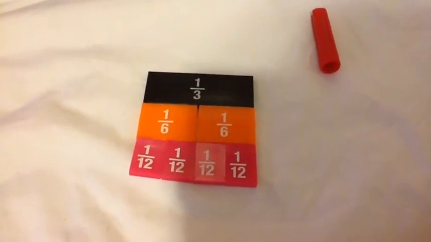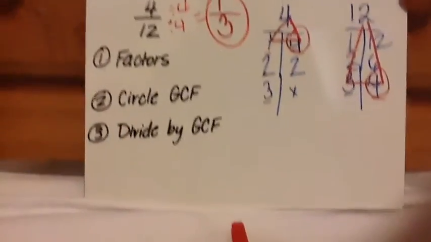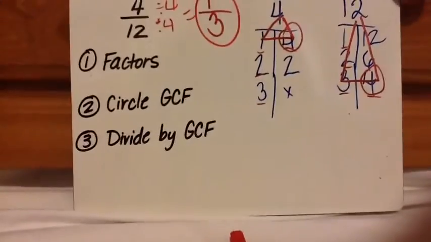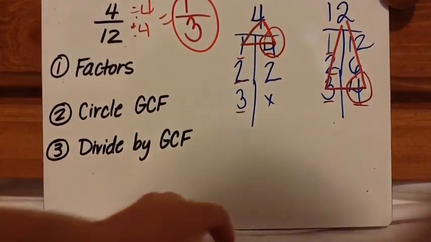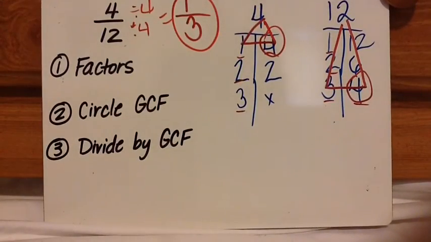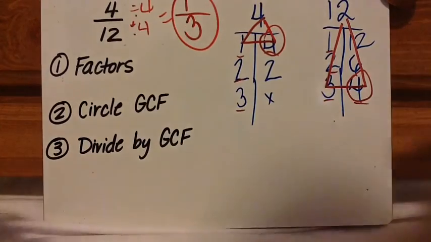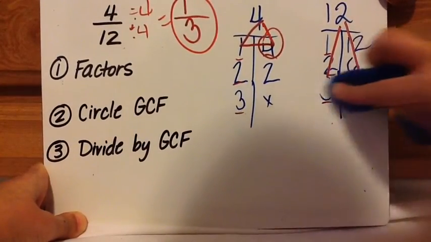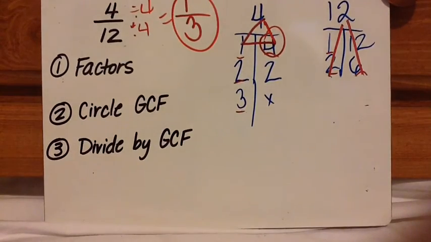It's also equivalent to 2/6, but that's not simplest form because there's something out there called 1/3 that is simplest and fewest pieces. Now let me show you what you might get as an answer if you don't use the greatest common factor. I want everyone to be aware what happens when you don't use the greatest common factor. You're not going to get simplest form, and that is the goal of what we're trying to achieve here. So let's say you overlook the 4. Let's say when you were listing the factors, you never wrote down 3 times 4 equals 12. Let's say you just did 2 times 6 and you just called it a day.